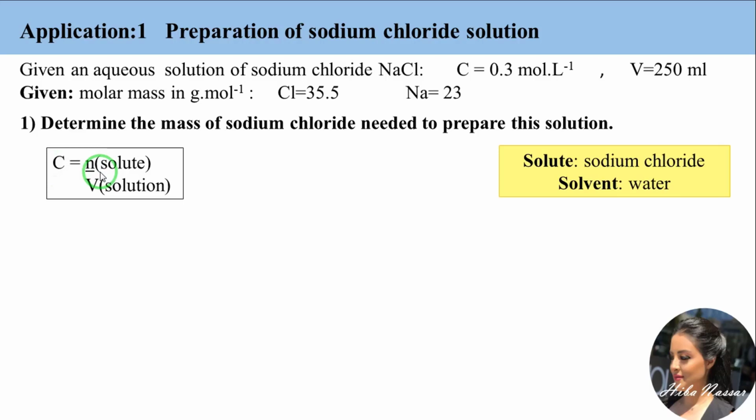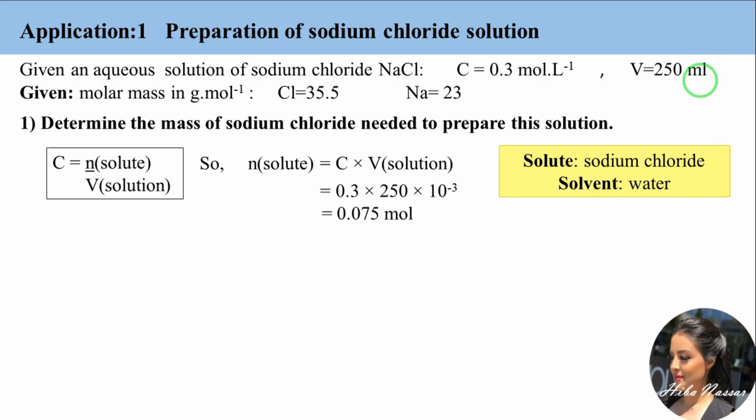It is equal to the number of mole for solute divided by the volume of the solution. So the number of mole for this solute, which is sodium chloride, is equal to the molar concentration times the volume of solution, which is equal to 150 milliliter.